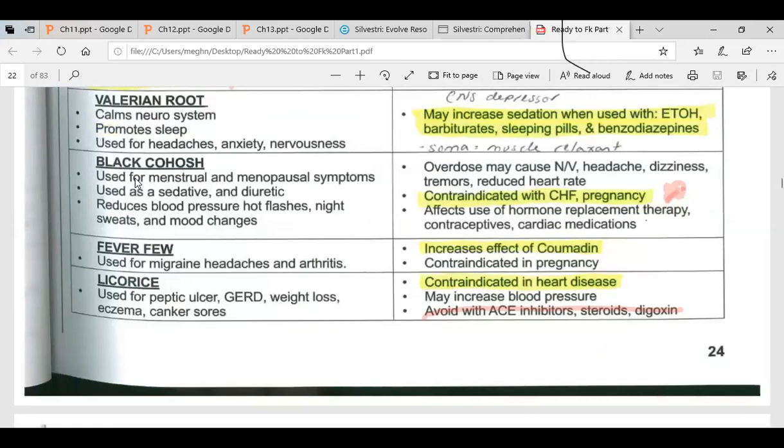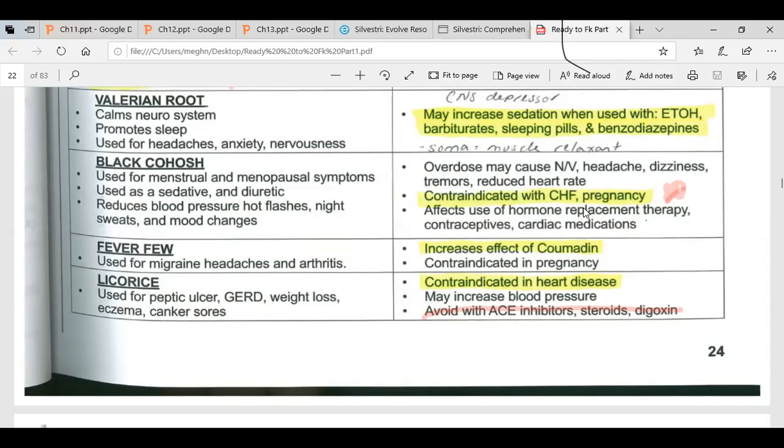Next, the last three. Black cohosh is used for menstrual or menopausal syndrome, and also as a sedative or diuretic to reduce blood pressure, hot flushes or night sweats. Contraindicated if the patient has chronic heart failure or pregnancy.